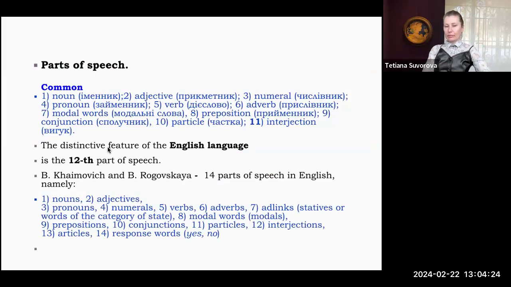So we have mostly the same parts of speech in two languages if we compare things. Yes, before moving to the noun, when we compare things, we can notice that in the Ukrainian language we don't have the article.